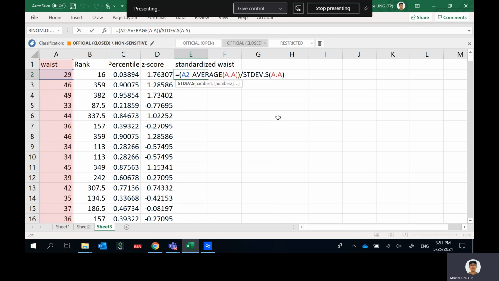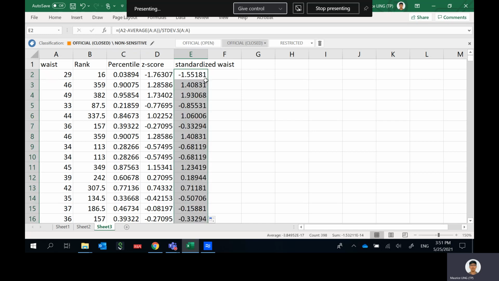Your z-score shouldn't have number error. That means you put the wrong thing inside already. Okay, so once you're done, just complete the entire column.